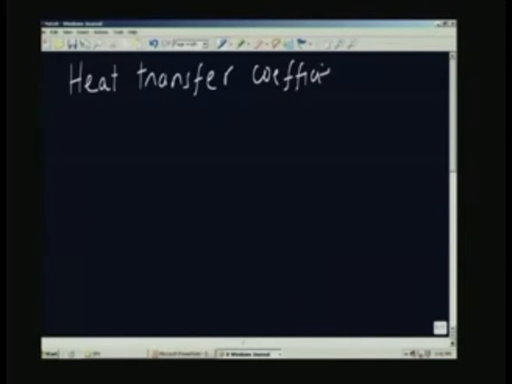We will come back to the slide in a little while from now. So, if I want to measure the heat transfer coefficient, which is a very important quantity in studies involving heat transfer, especially convective heat transfer.